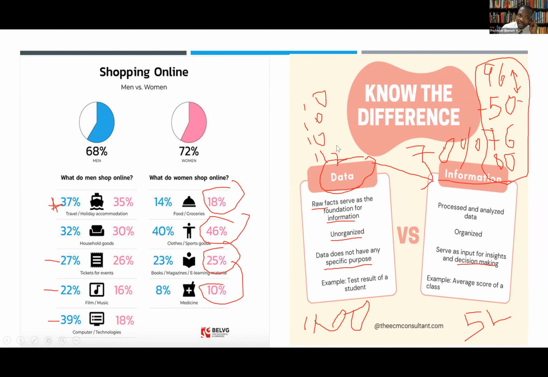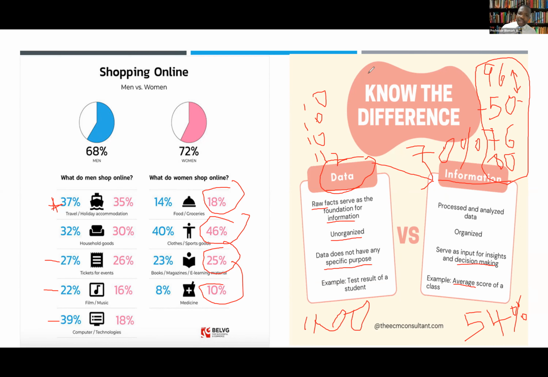The 54% can now mean something in order for me to make a decision of, do I do a retake, or what questions did the students miss the most? The average score of the class, which I just did for you as an example, is more of an information than just the test results of 50, 76, 80, 96. It doesn't say anything until I turn it into information by calculating the average.